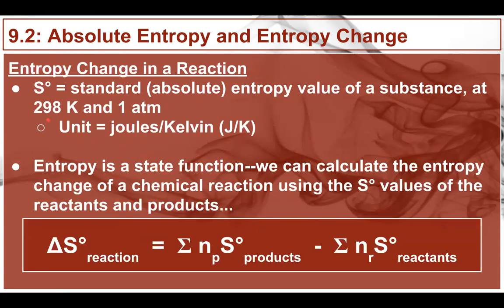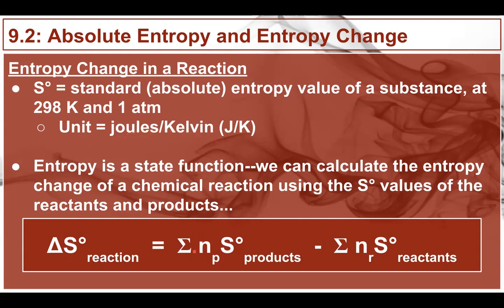Our standard entropy value, remember, this is occurring at 298 K and 1 atmosphere. Those are the standard conditions. Remember that, because that's going to be important for some problems later. The units that we use for S, or entropy, are joules per Kelvin. Entropy is a state function, so we can calculate it using the standard entropy values of our reactants and products, just like what we did with enthalpy.